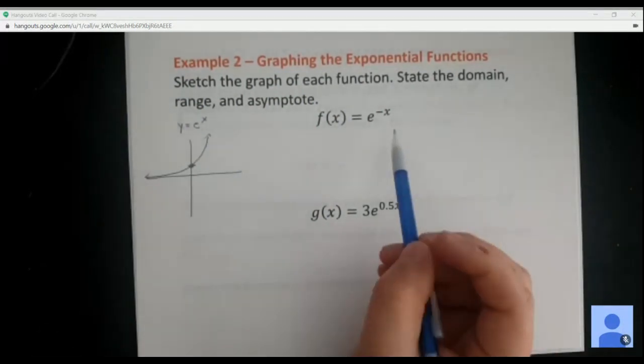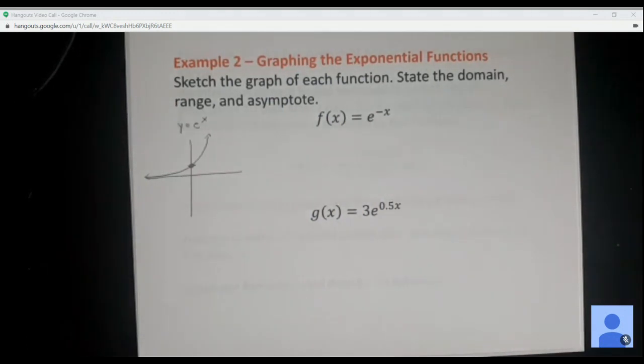So if we look at the first one here, e to the negative x, what is that going to do to our graph? Okay, so it is going to be a reflection, right?